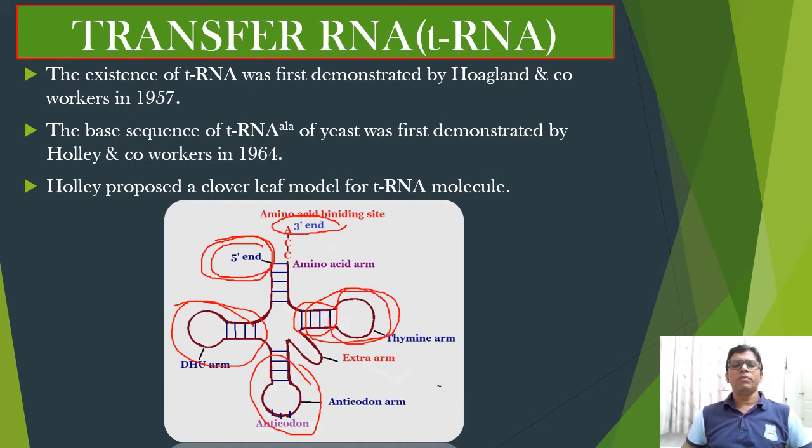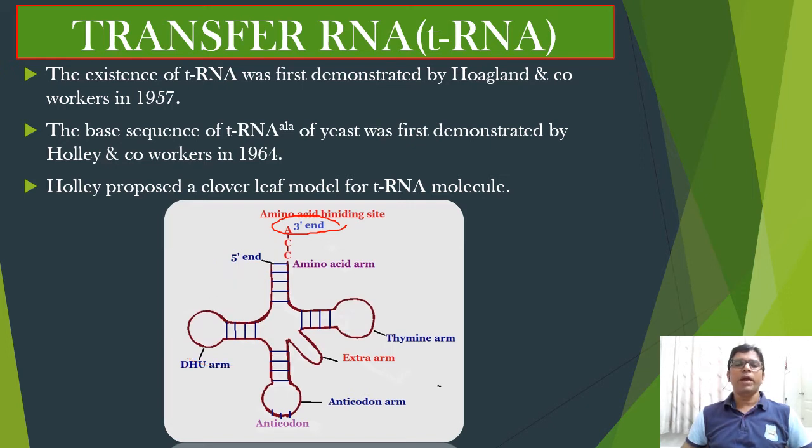Each arm consists of one stem and one loop. In the stem region, the nitrogen bases are paired, whereas in the loop region, unpaired nitrogen bases are present.